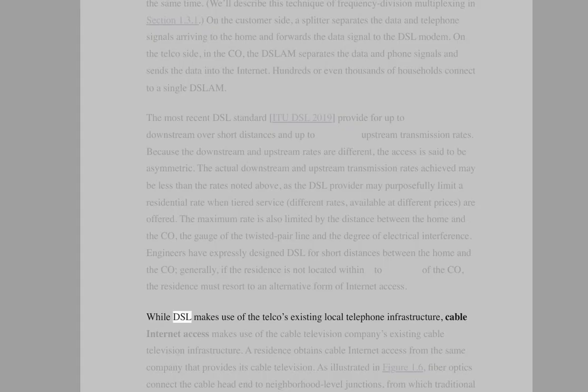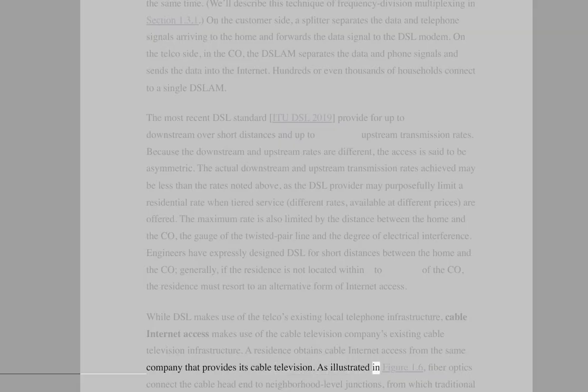While DSL makes use of the telco's existing local telephone infrastructure, cable internet access makes use of the cable television company's existing cable television infrastructure. A residence obtains cable internet access from the same company that provides its cable television.